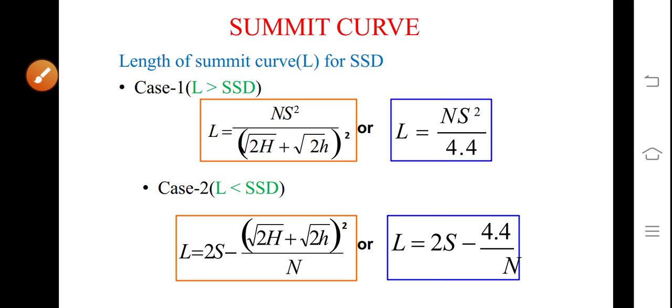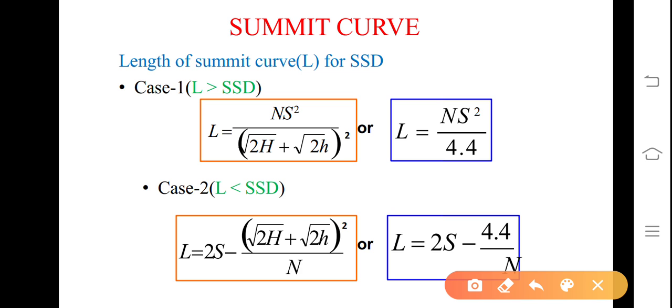Now we shall come to summit curve. Length of summit curve for SSD. There are two cases you have to consider: when L is greater than SSD, and when L is less than SSD. When L is greater than SSD, the length may be calculated as L = N S squared divided by (root 2H plus root 2h) whole squared.